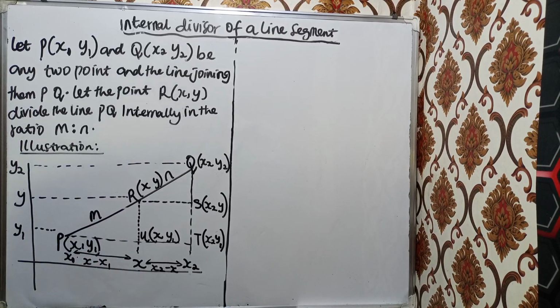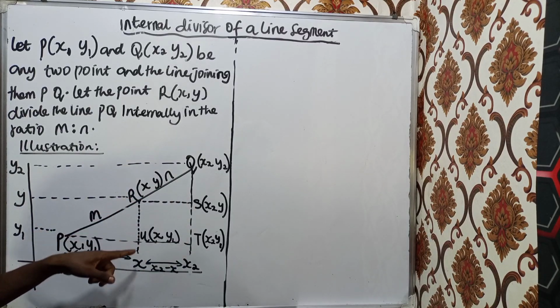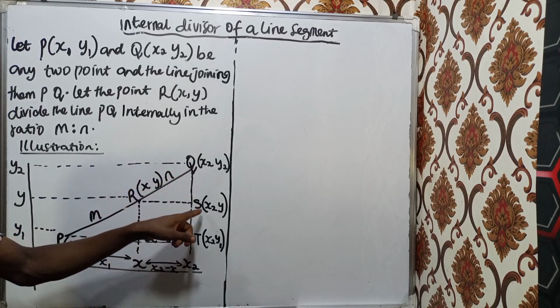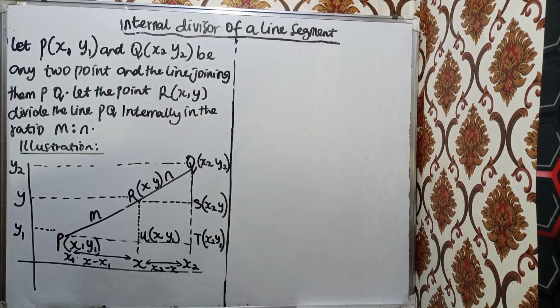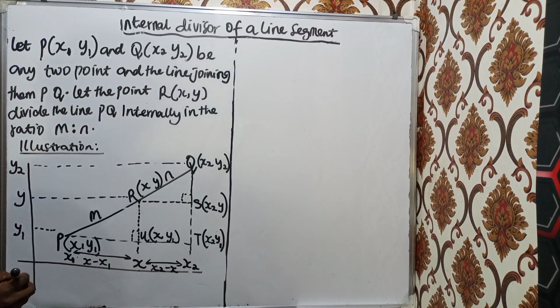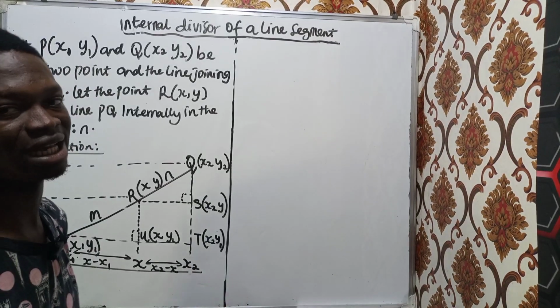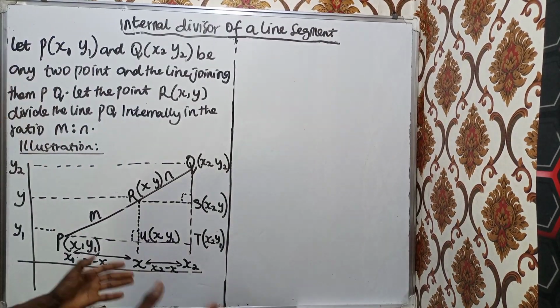Now, if you look closely in this diagram, you see that we're having two triangles, triangle PRU and triangle RQS. Each has a right angle. Know that every triangle's angles sum up to 180 degrees, whether scalene, isosceles, equilateral, or whatever.